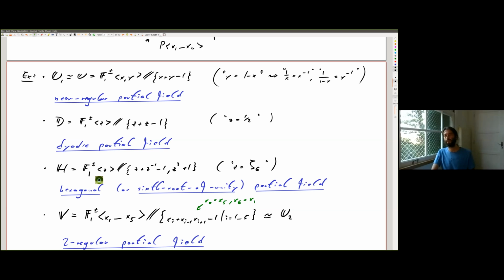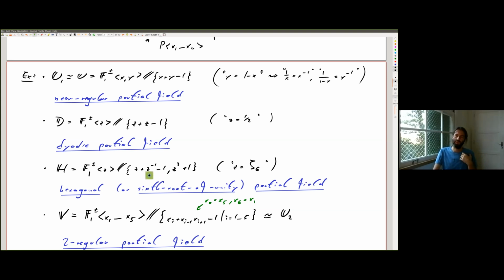So this is F1 plus minus associate Z modulo two relations. So it's Z plus Z to the minus 1, and Z cubed plus 1. So the latter relation means that Z cubed is equal to -1, and hence Z to the 6 is equal to 1.